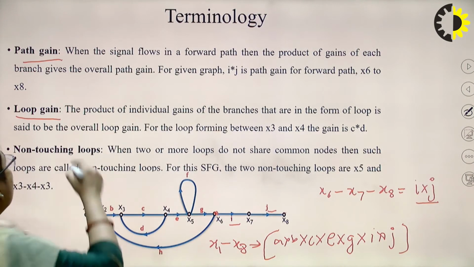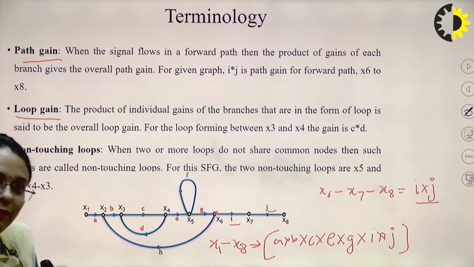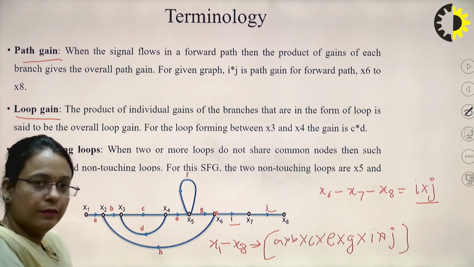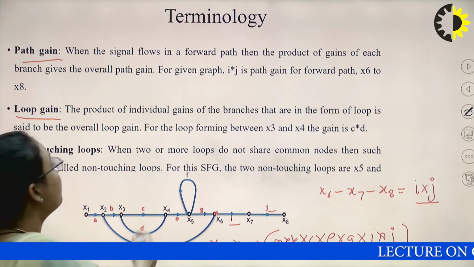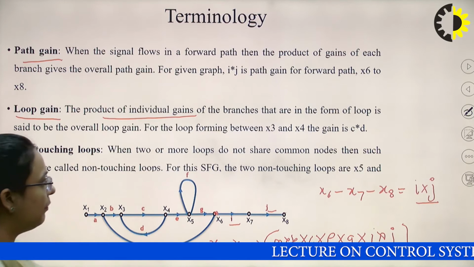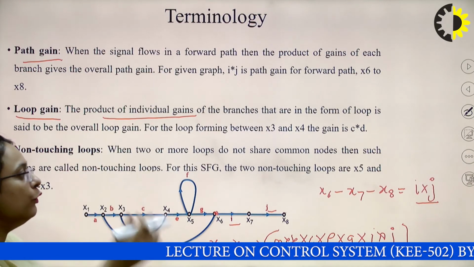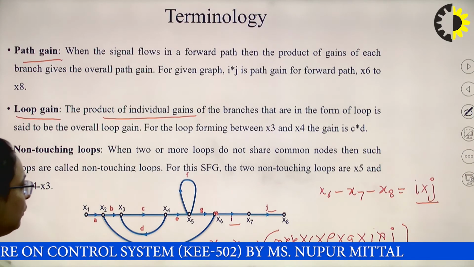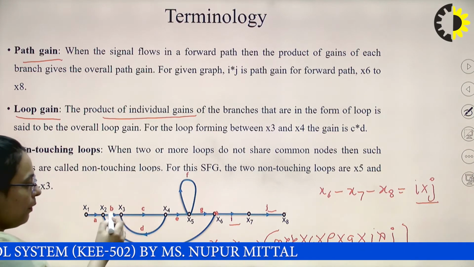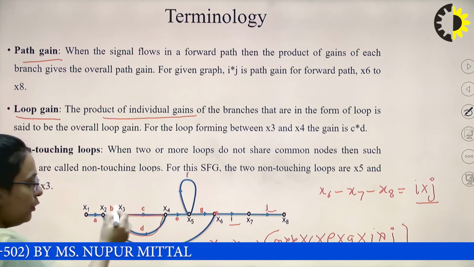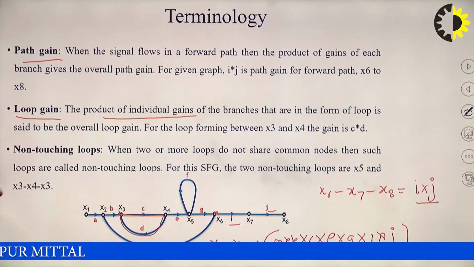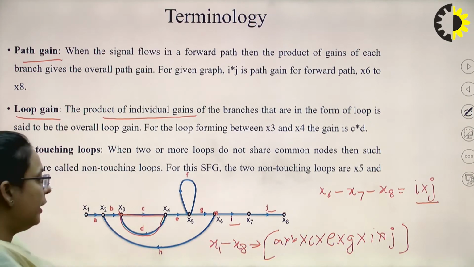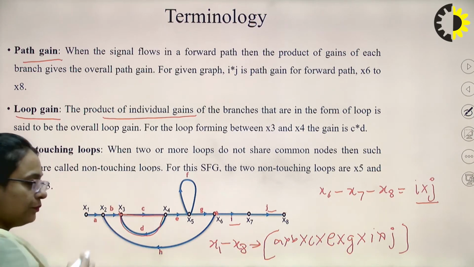Now, if we talk about the loop gain, the loop gain is the gain formed by the particular loop. The product of the individual gains of the branches that form a loop is said to be the overall loop gain. So here, if we take the feedback loop X3 to X4 and then back to X3, the loop gain will be the product of the gains of these two branches.